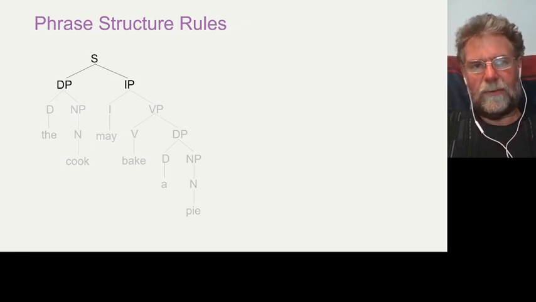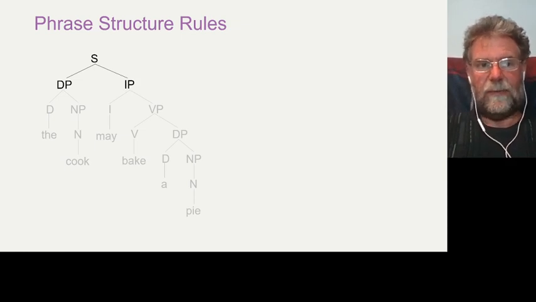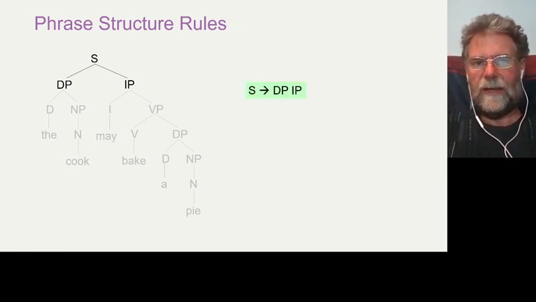Now, the kind of rule then we want is something that tells you that sentences can be broken up into two parts. And this is what this kind of rule is. This is known as a rewrite rule. The arrow in the rule there is often pronounced as rewrites as. So we say S rewrites as a DP followed by an IP.